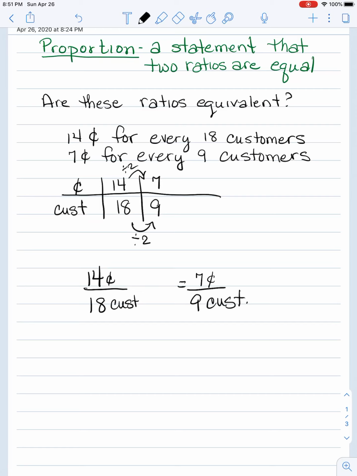Look at the fraction 14 over 18 and the fraction 7 over 9. You can probably see that all we're doing here is simplifying the fractions or the ratios, right? We're dividing 14 over 18 by 1 in the form of 2 over 2, and we're getting 7 over 9. So we say that these are proportional or they form a proportion.